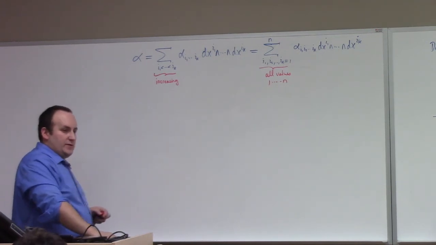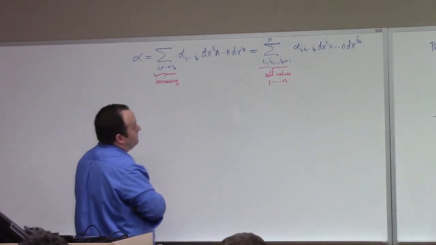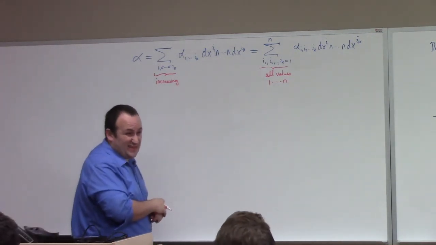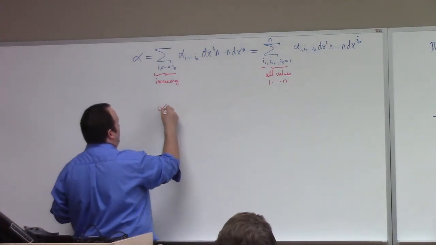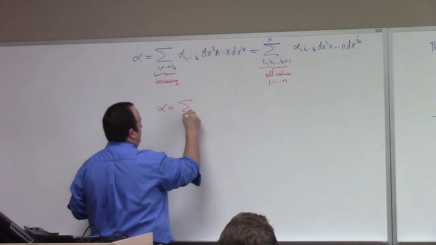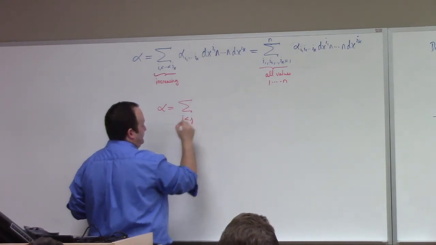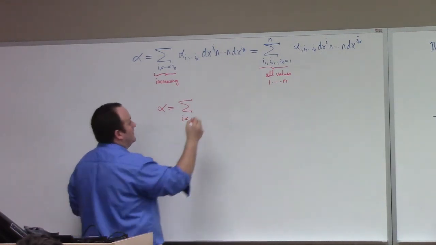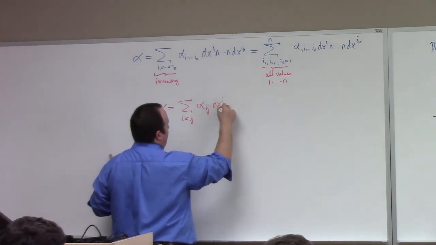Let's work out a small one, all right? How about if we just look at a 2-form. Suppose alpha is the sum over i less than j of alpha_ij dx^i wedge dx^j.